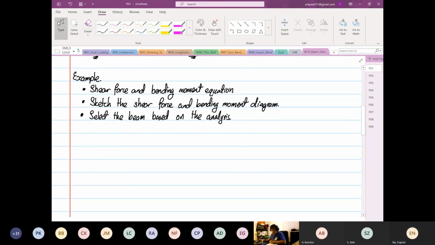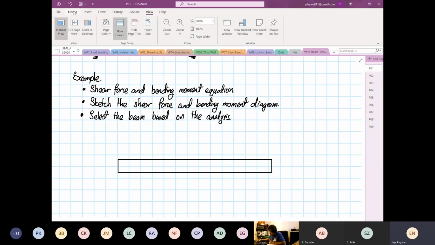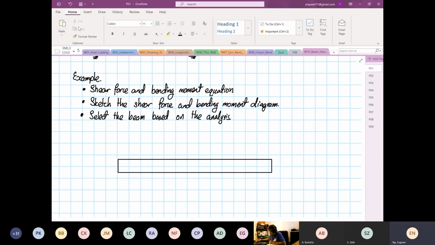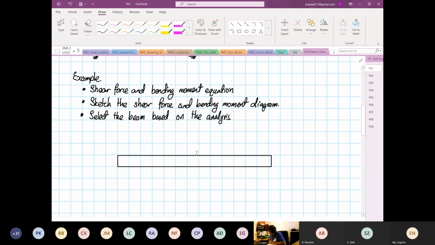So in this example, what we have is a beam that's overhanging. So we have an overhanging beam. Okay, let me draw better. So this overhanging beam, I'm going to label the positions.